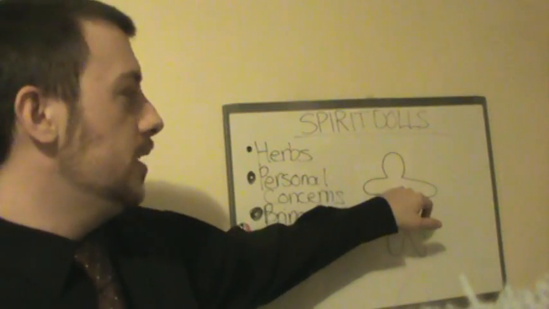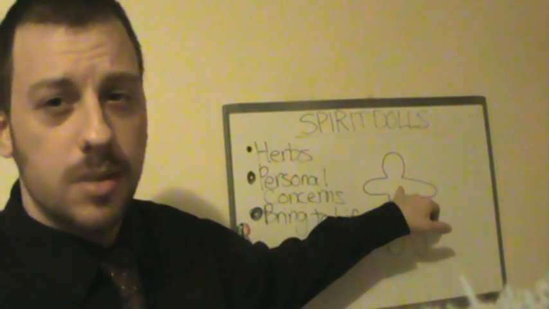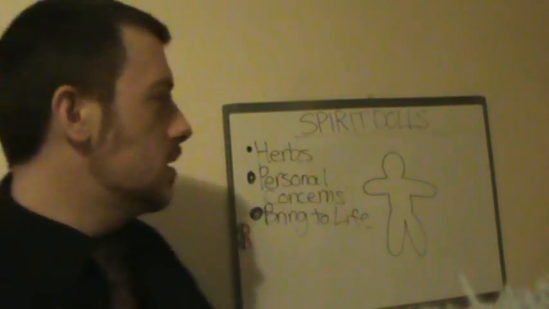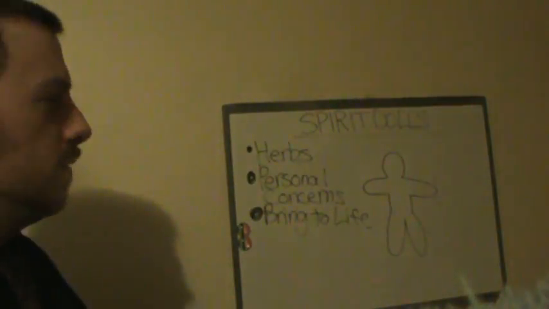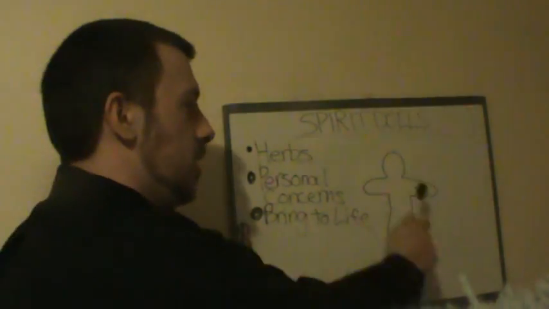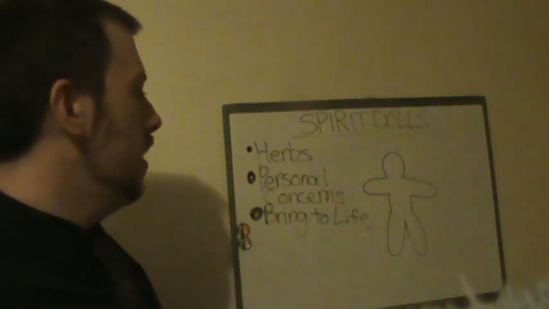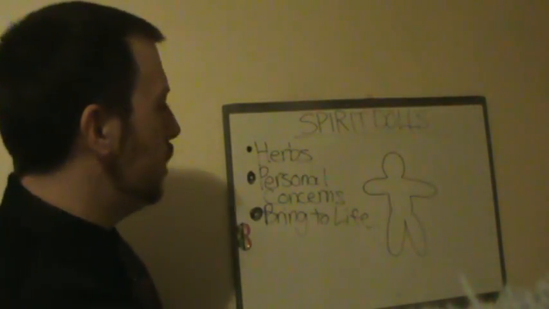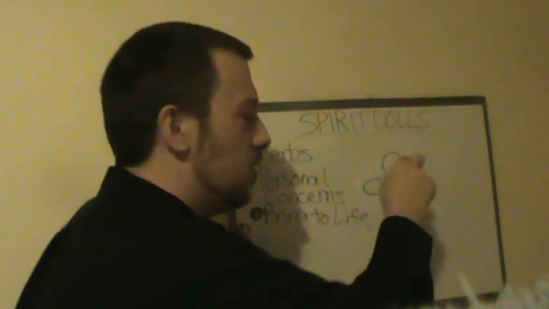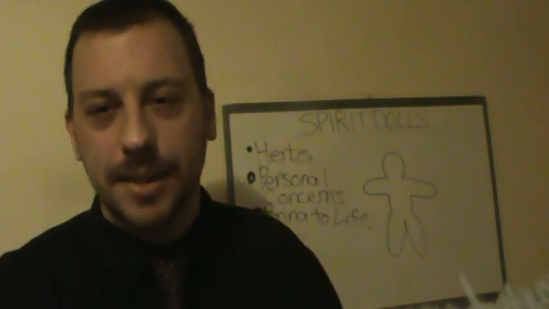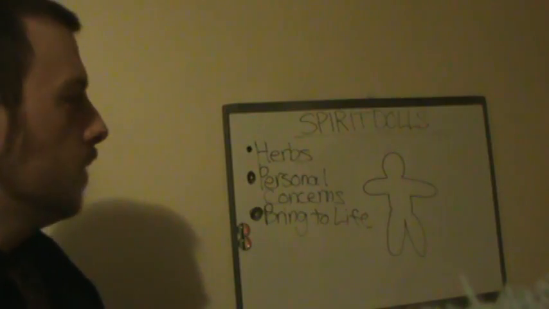Whatever method you're using, you need to infuse this doll with energy and with that person's energy. So, those are the three basic important things of a spirit doll. You can make a cloth doll, sew it up, and inside the doll you put in the herbs and personal concerns. And then you simply do a ritual to activate it, bring it to life.